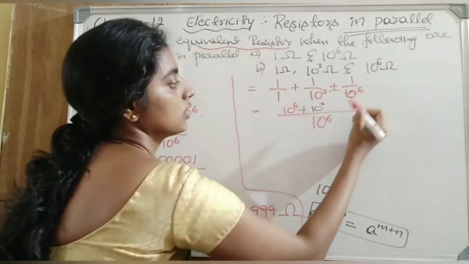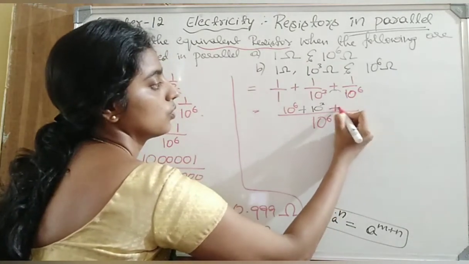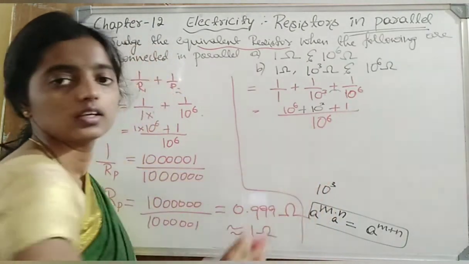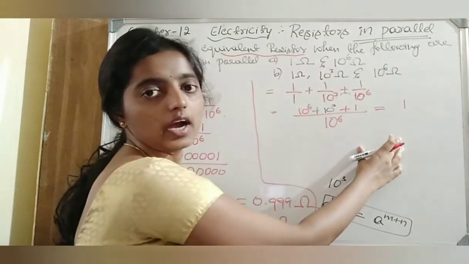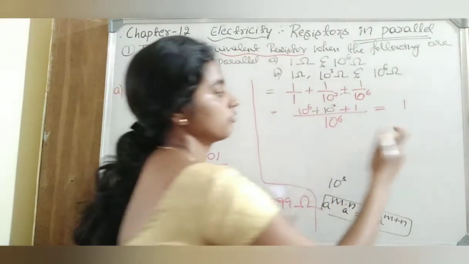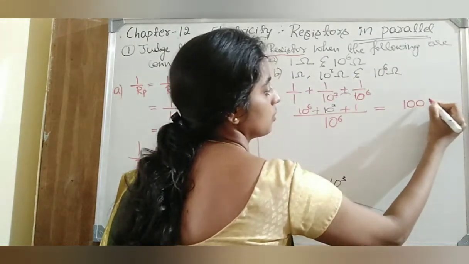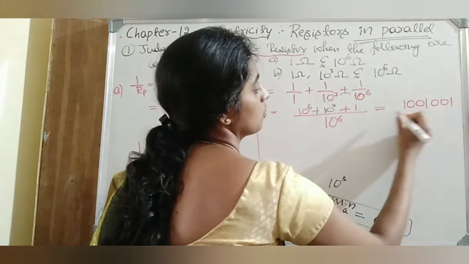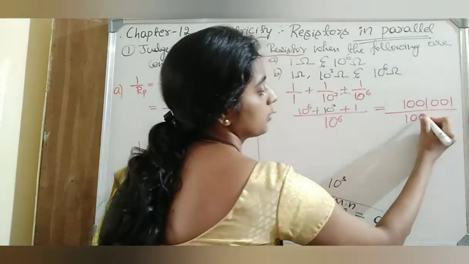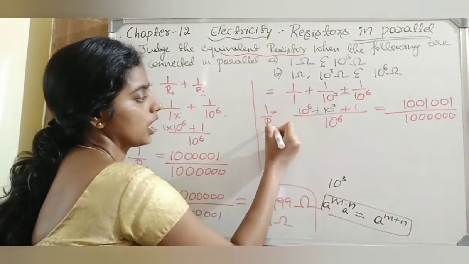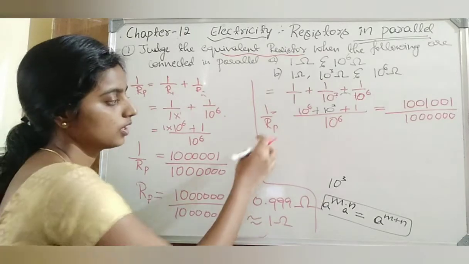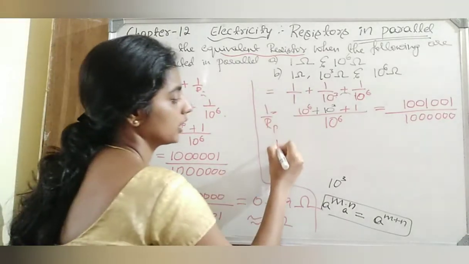So here 10 to the power 6 into 1 will get 10 to the power 6, right? So what will be the answer? Add all these numbers, we will get 1 0 1 and so it's in the form of 1 by Rp. So what is our next step? Reciprocal of Rp.